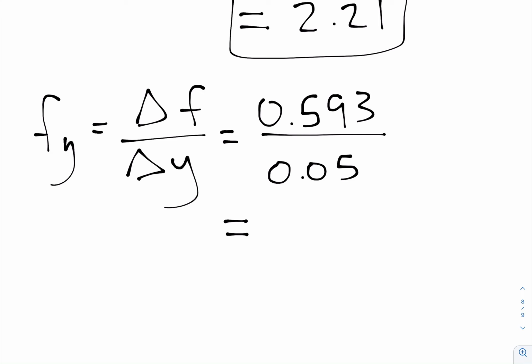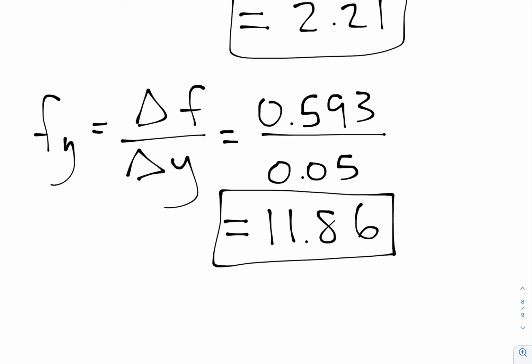So that's 11.86. So we're estimating that when y equals 3.6 and x equals 1.1, for every unit distance we go down or up in the y direction, the value of our function f is going to increase by 11.86 times that unit.